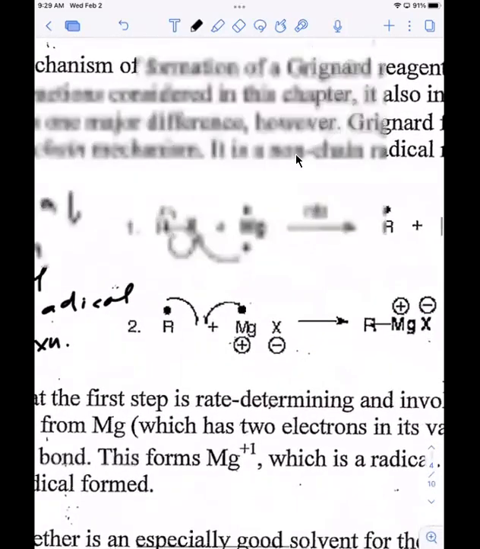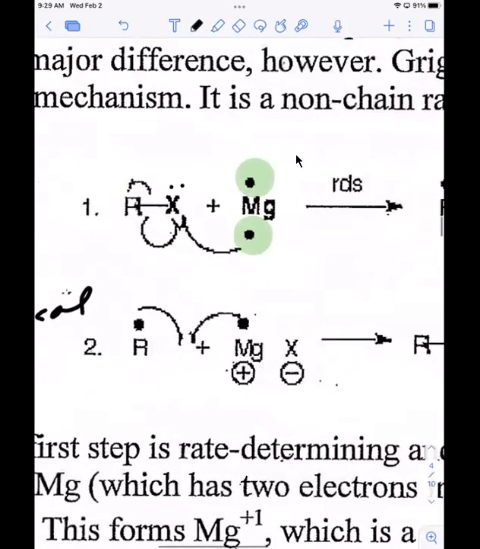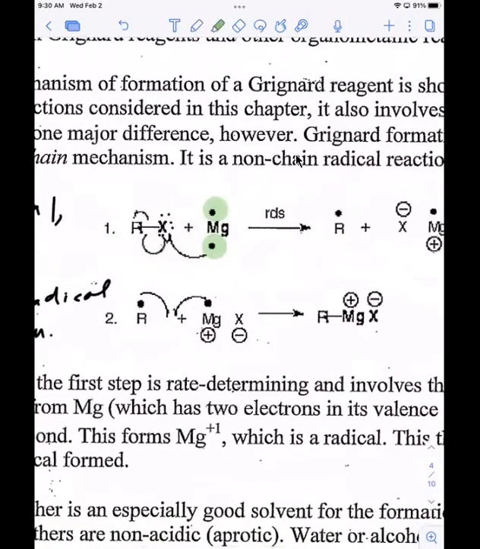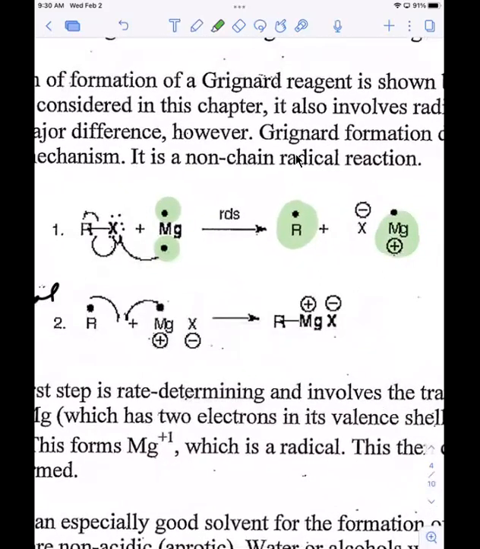As you can see here, the first thing that happens is magnesium, which is a group 2 element, has 2 electrons. It donates 1 electron, and let me put some electrons in here so you can see this for what it is. The halogen already has 3 lone pairs. Then you homolytically cleave the R-X bond, and now you make a carbon radical, and your magnesium now has a +1 charge because it gave 1 electron away.